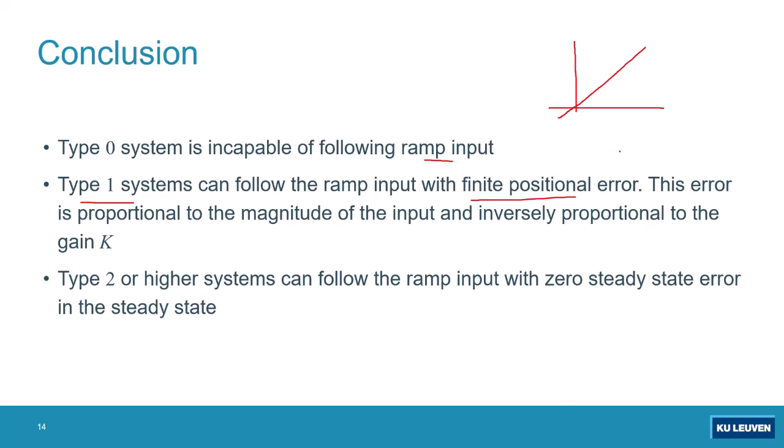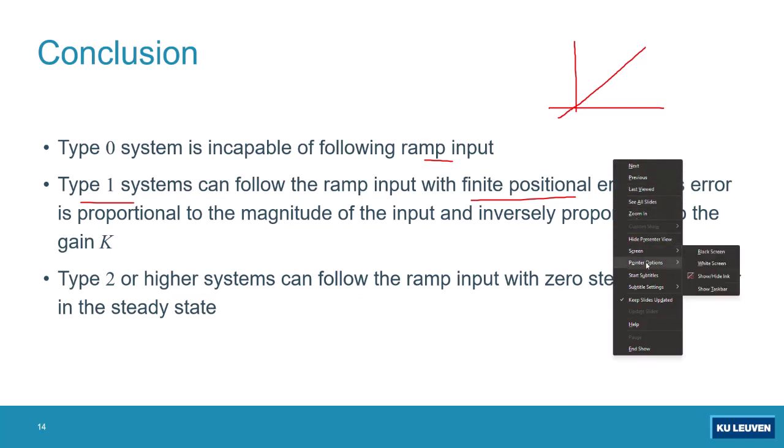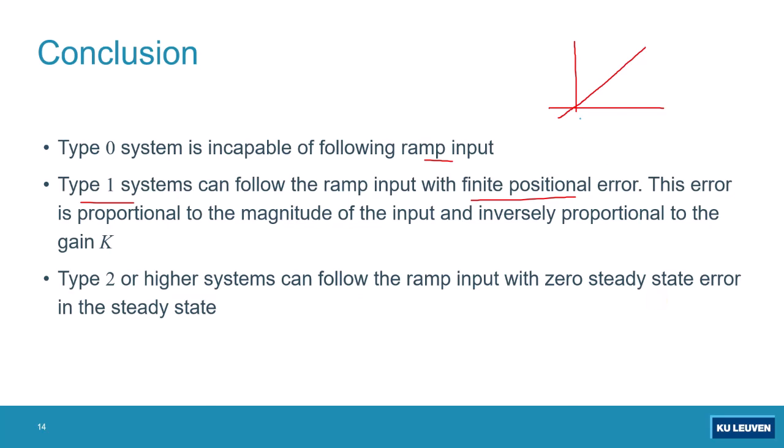But the response will be probably something like this at the beginning because we have a transition at the beginning, but after some time it can follow the input, where the error here will be finite.